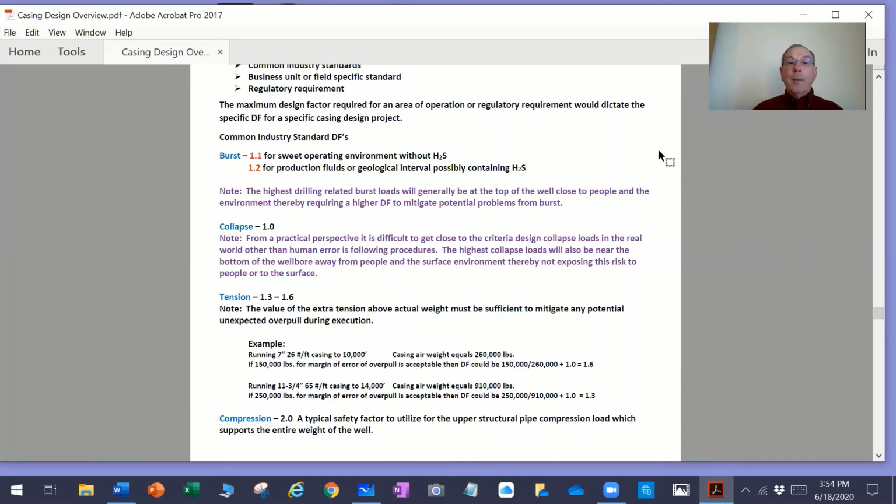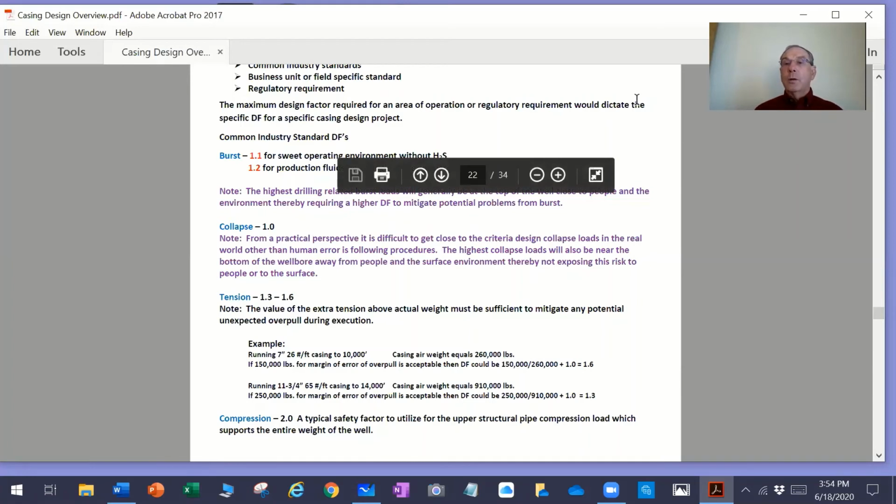Now here's a note I put here about why we use 1.1 versus 1.0 or some other number. The highest drilling related burst loads would generally be at the top of the well, close to people and the environment, thereby requiring a higher design factor to mitigate potential problems from burst.